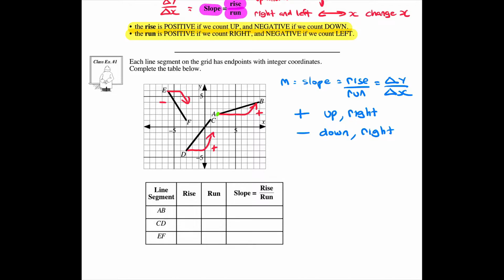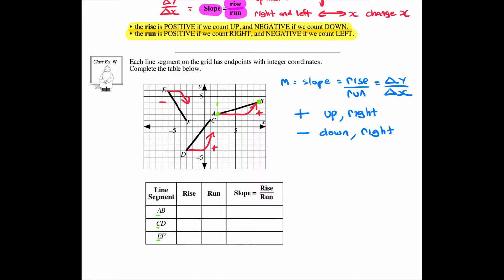So first of all, let's start at AB, and it doesn't really matter where you start and where you go to. It'll all work out the same. It's just a matter of dealing with the integers. So in all three cases, I'm going to start at the first one, which is A, and go to B, C, go to D, and E, and go to F. So how do I get from A to B moving in only vertical and then horizontal directions?